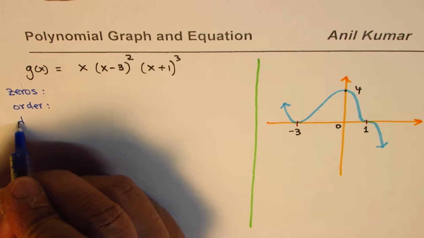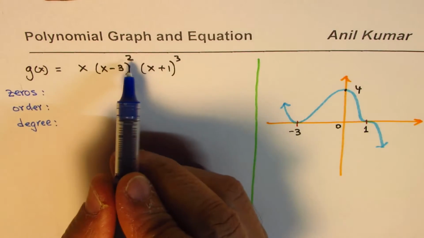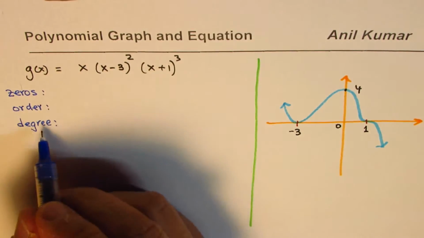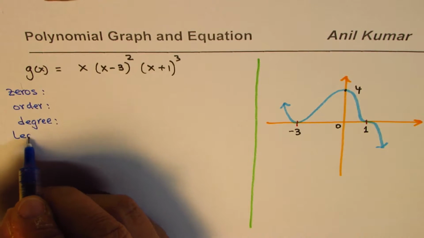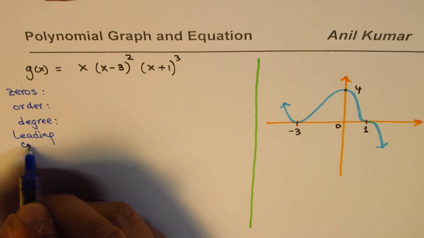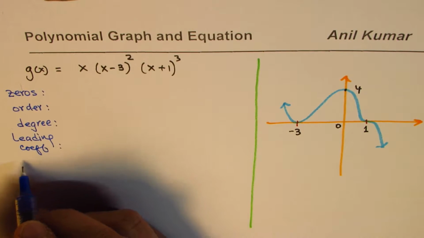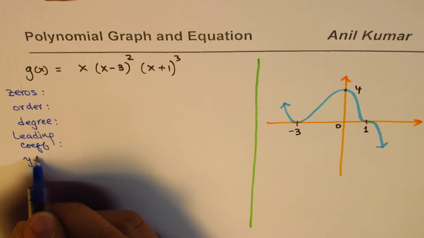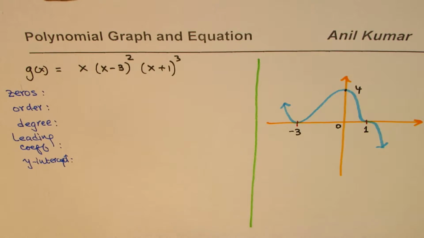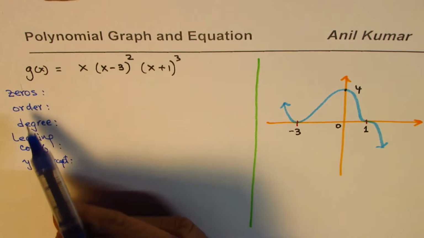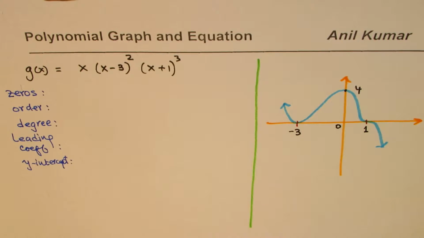We can find the degree of this polynomial by adding these powers, since it is given in factored form, and most important, the leading coefficient. And one more important thing is the y-intercept. The y-intercept defines a graph. Otherwise, we're normally talking about a family of graphs. So here we have the y-intercept, so we can be more specific.